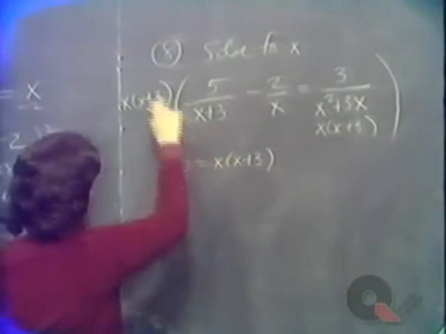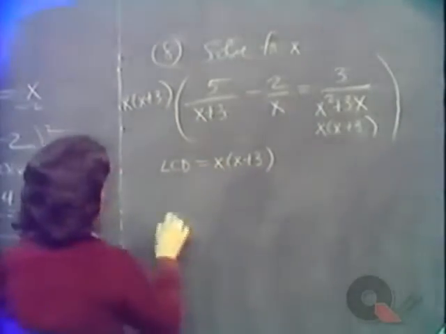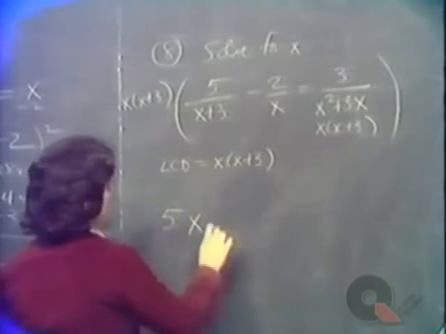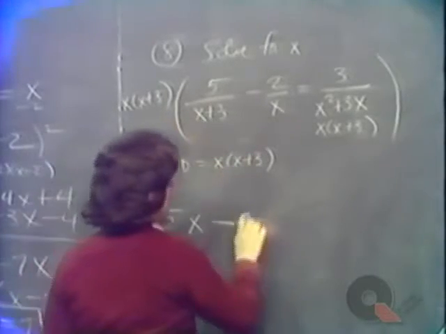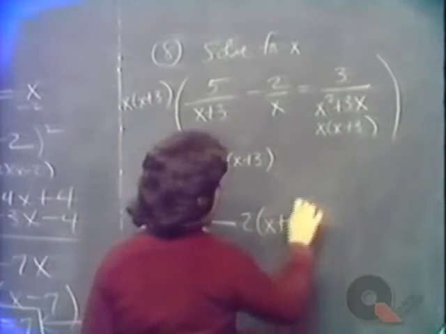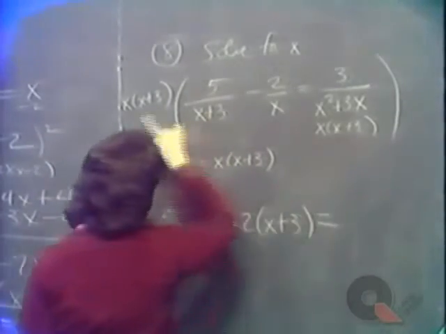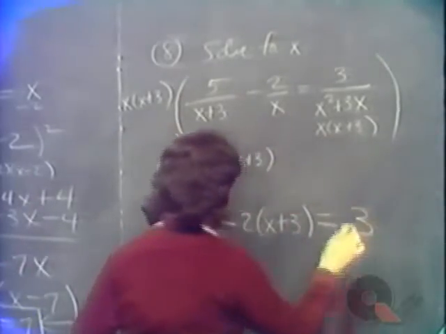In the first term, the x plus 3's cancel. That leaves us with 5x minus, the second part here, the x's cancel. That leaves us with 2 times x plus 3. And finally, the x and the x plus 3 cancel, leaving us with just 3.